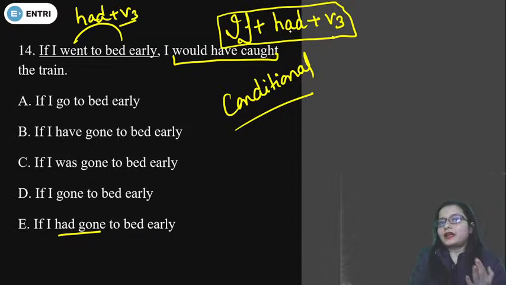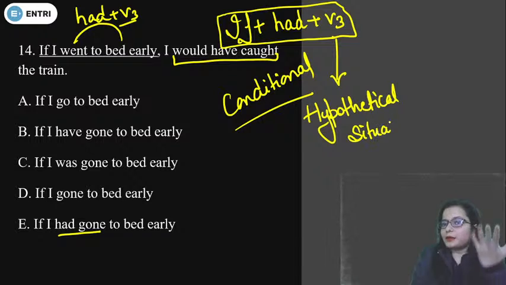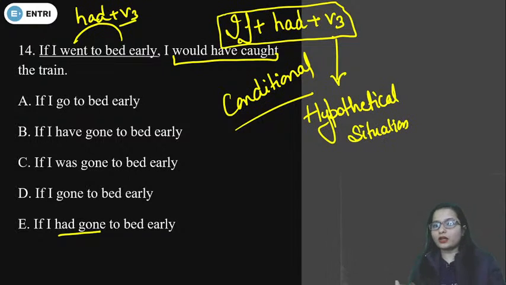If we have an if clause with had and v3, it is actually a conditional sentence of imagination. It is a hypothetical situation of the past. Hypothetical situation, that means something we are imagining. This is not happening, or this could not happen in the past, but we are imagining that, oh, it is wonderful, it could happen someday, right?